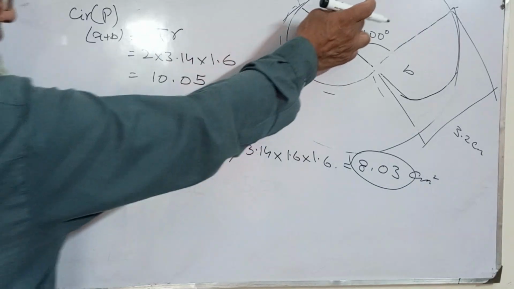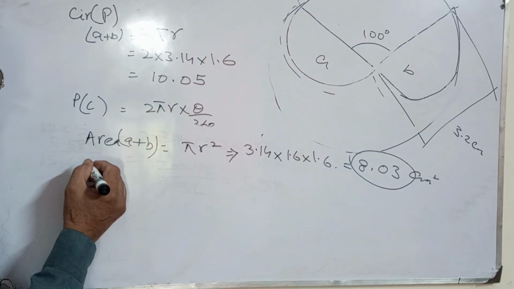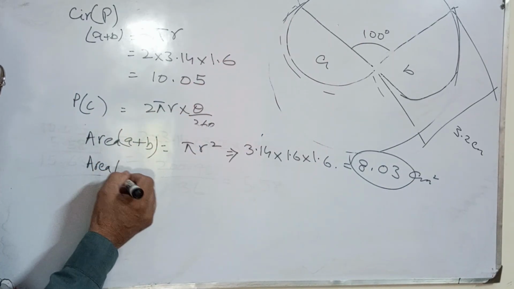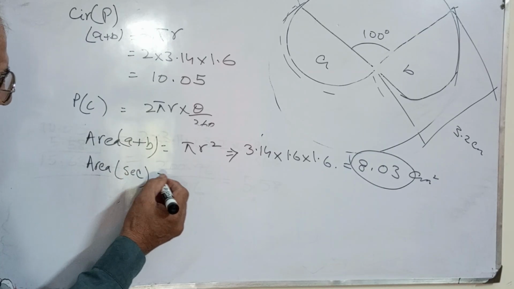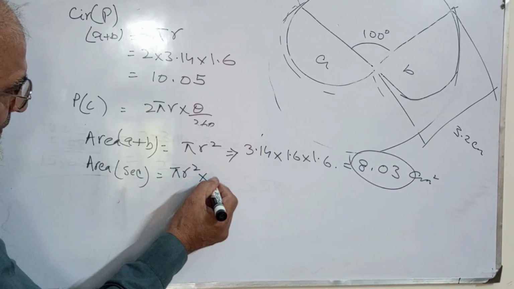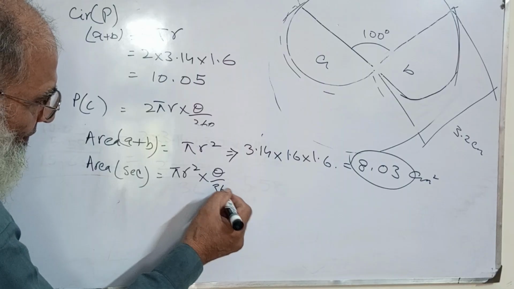Now the area of C only, the area of the sector, is pi r square multiplied by theta upon 360.